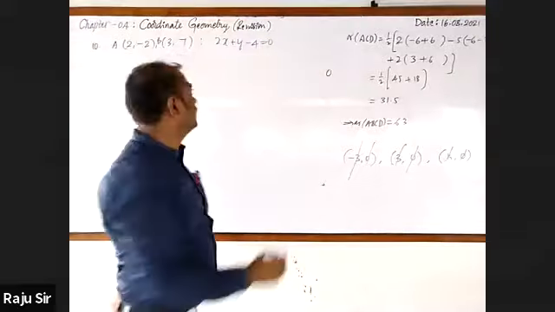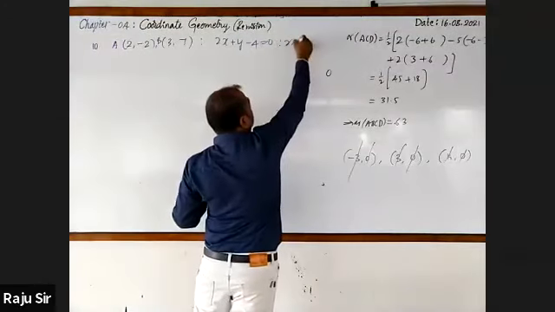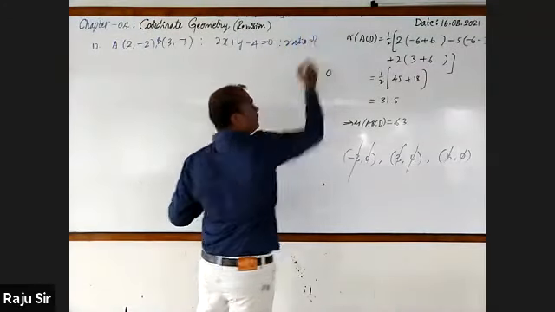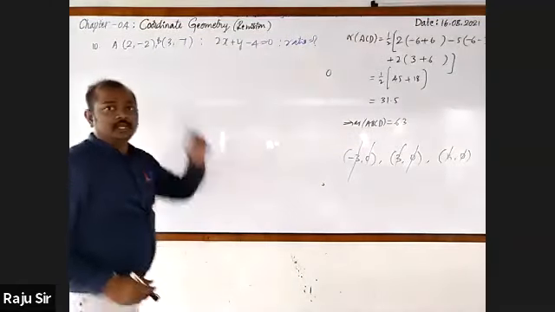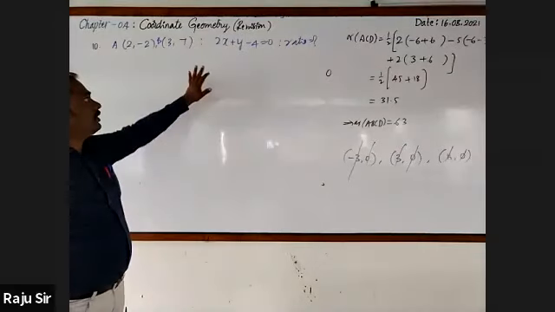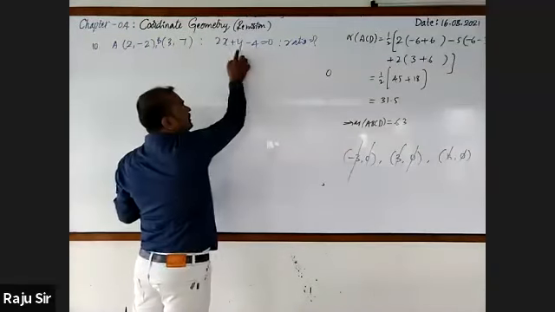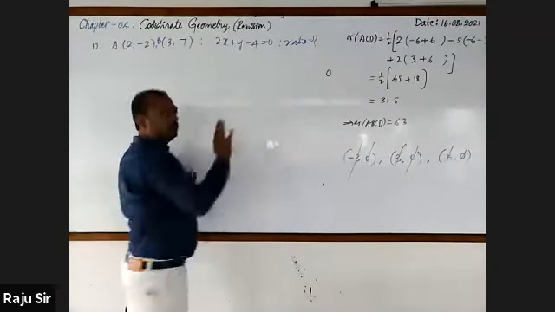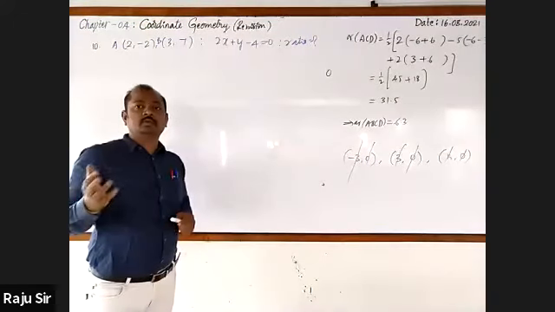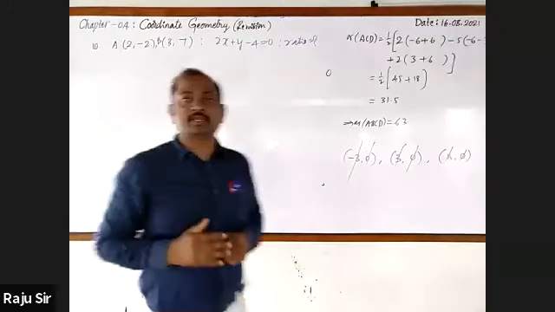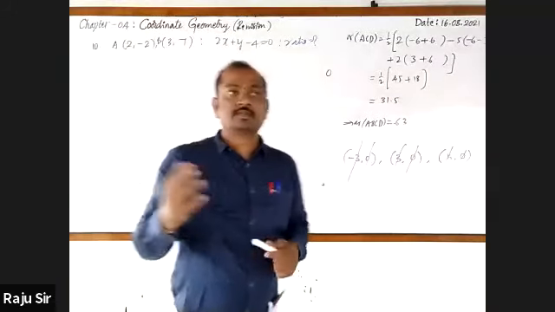You are going to find out the ratio. Look, 2x plus y minus 4 equal to 0 is an equation. What type of equation? Linear equation. The graph of a linear equation is a straight line.